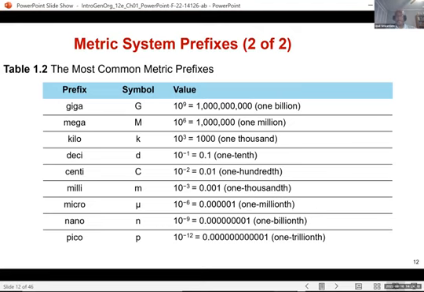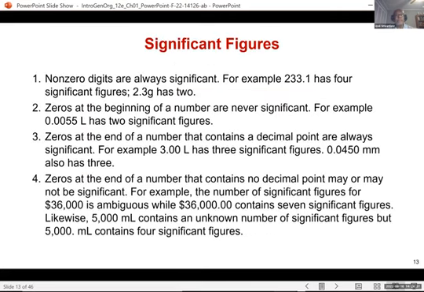It's roughly about 1,500 meters. When you run 1,500 meters, it's close to 1 mile. Okay, just study this table when you have problems converting prefixes. You need prefixes.